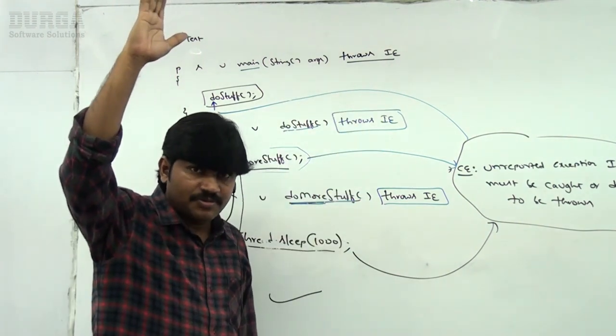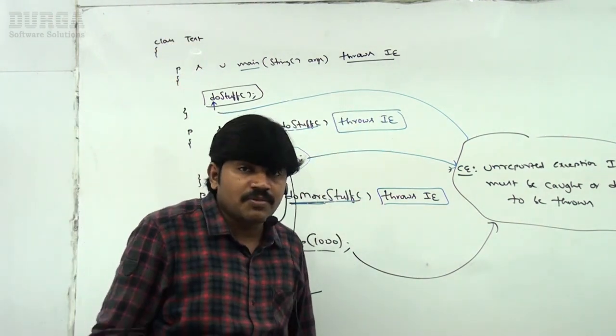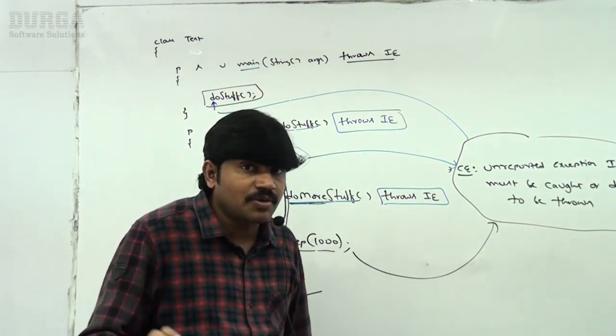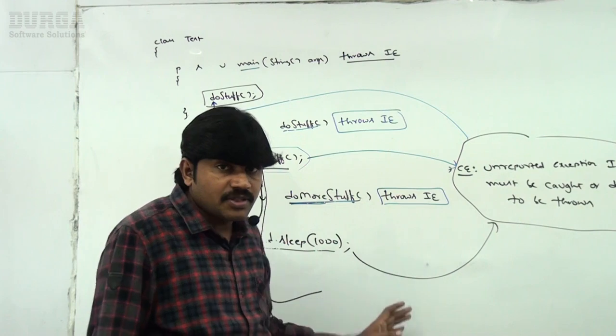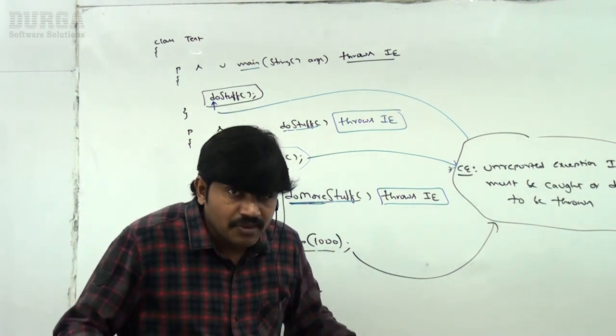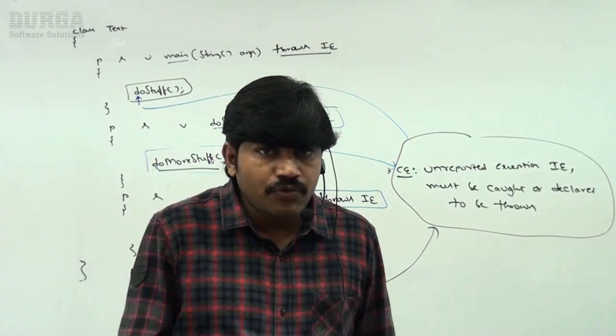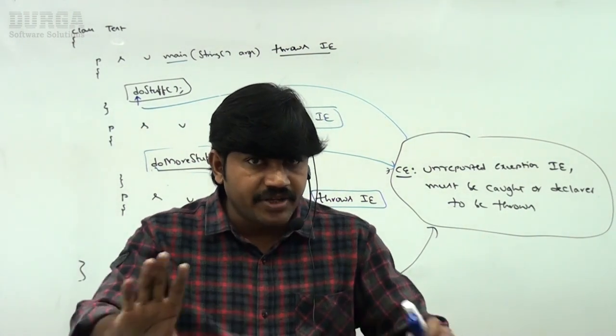Finally JVM is responsible. If JVM is responsible to handle, obviously it is always abnormal termination only. Clear for all of you, right? Sir, the throws keyword in the big picture, it's very clear, right?